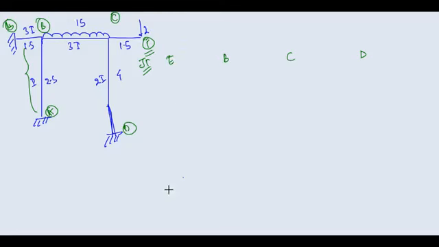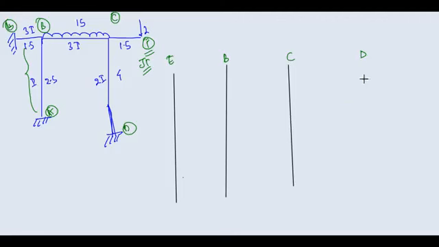Now you can draw a table. Suppose you have your members. This is your EB, BE, BA is not required, BC is required, CB, CD and DC. Distribution factor you can calculate.